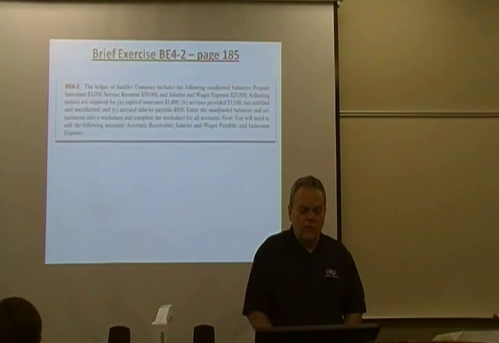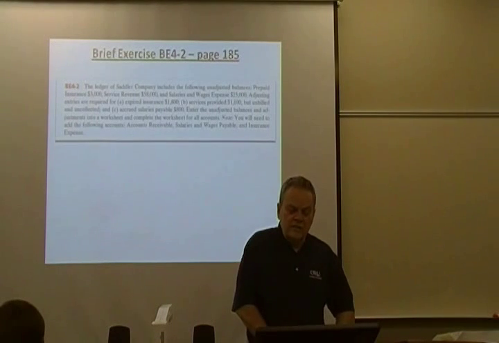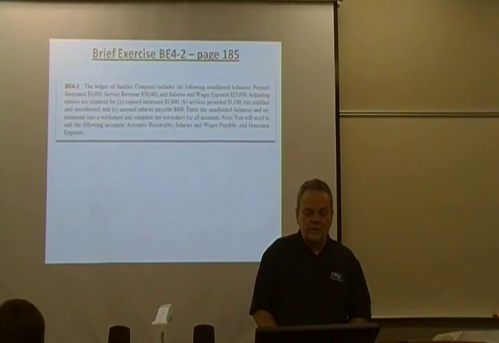Adjusting entries are required for A, expired insurance, B, services provided but unbilled and uncollected, and C, accrued salaries payable. Enter the unadjusted balances and adjustments into a worksheet. Well, that first phrase I already did for you. Enter the unadjusted balances in a worksheet.